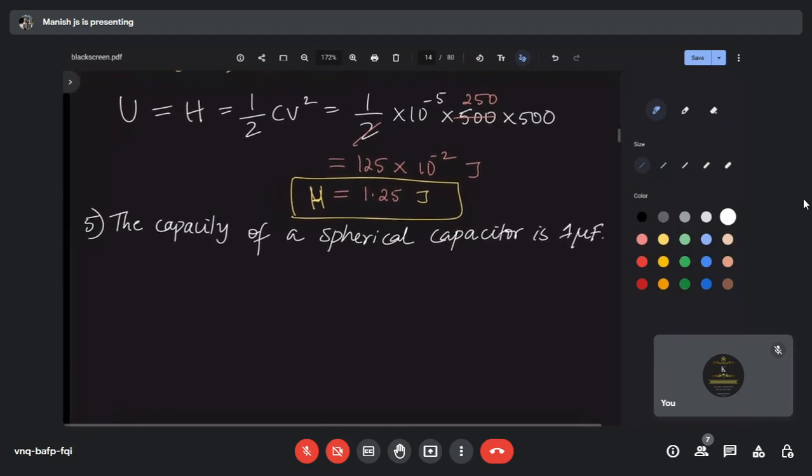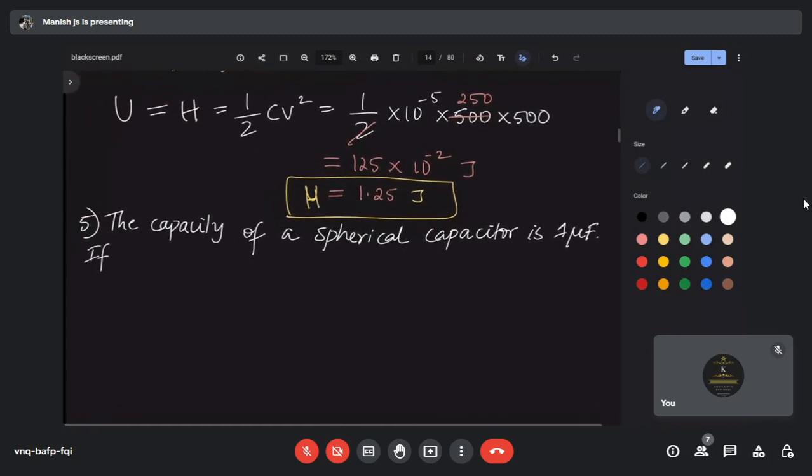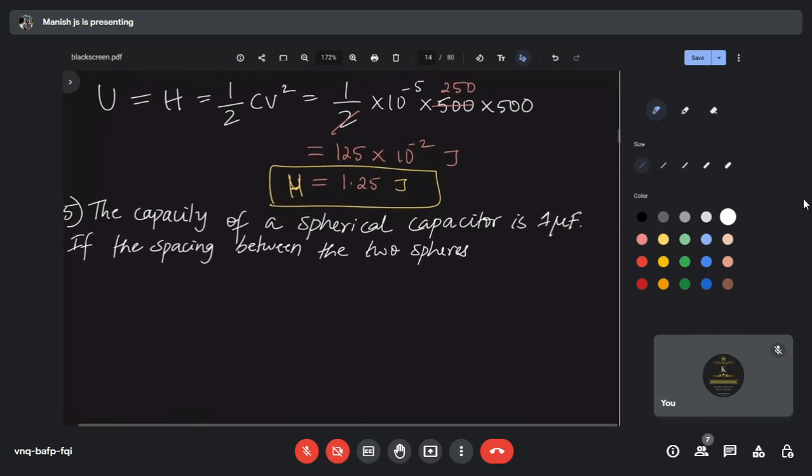Full stop. If the spacing between the two spheres is 1 mm, that is 1 millimeter.